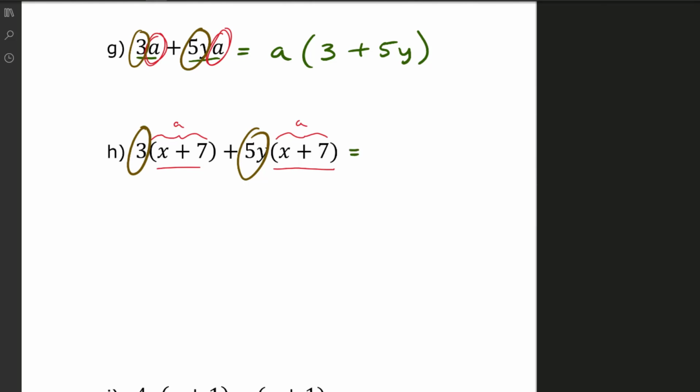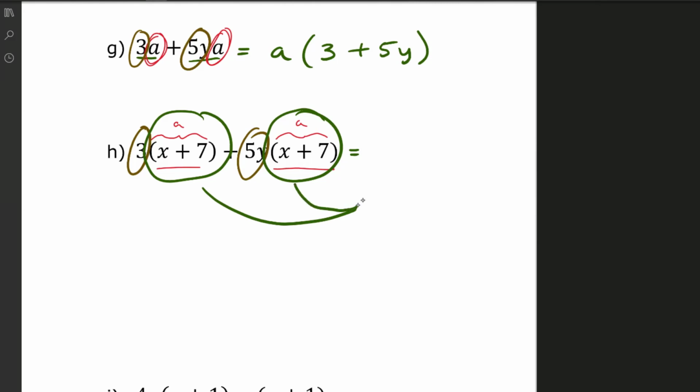The only difference is, instead of a being factored out, you're now going to factor out this x plus 7. That is your GCF. So your GCF is x plus 7. That's in common. So the GCF is right there.